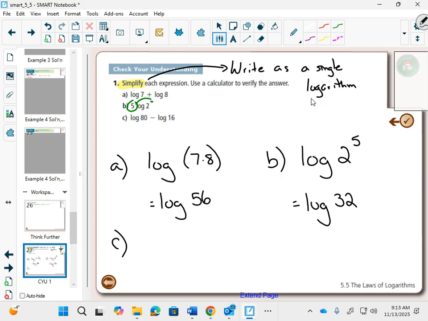And in C, if I have a log minus a log and the bases are the same, that's my quotient law. Subtracting two logs can be combined as a single log by dividing. And 18 divided by 16 is 5.